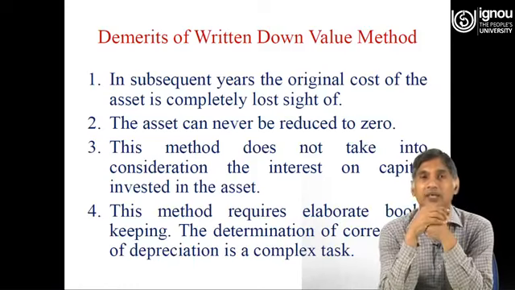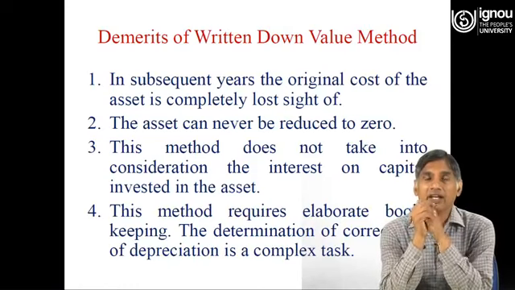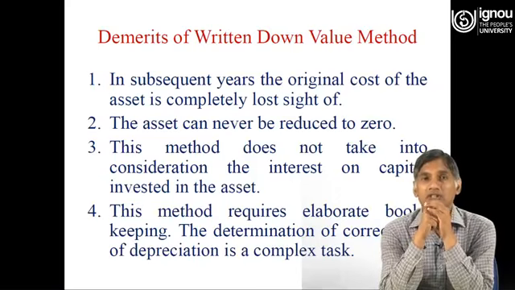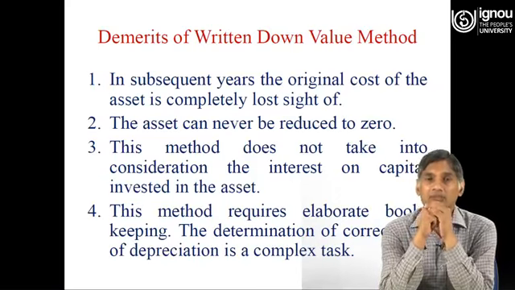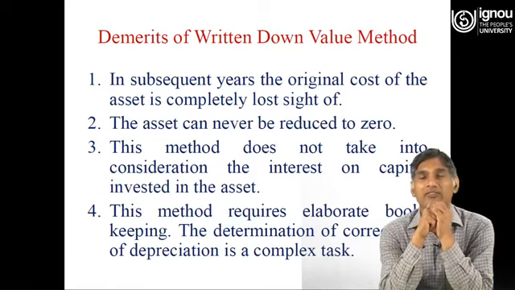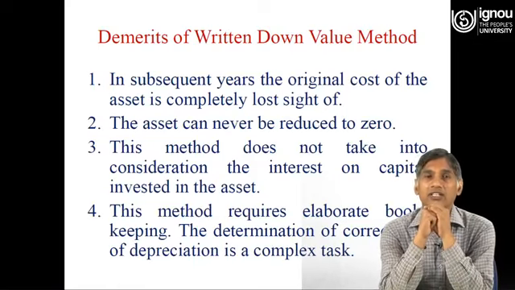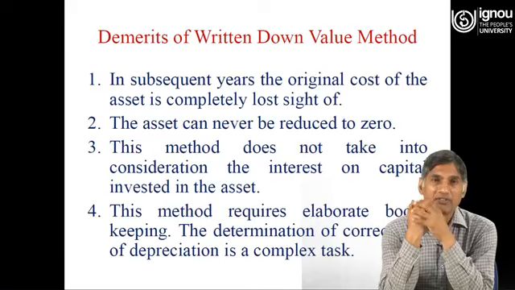So under this method the entire cost of the asset cannot be reduced to zero. Third one is, this method does not take into consideration the interest on capital invested in the asset. So again, this method does not take into consideration the interest on capital invested.